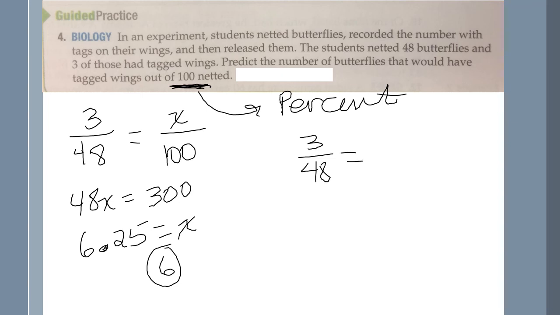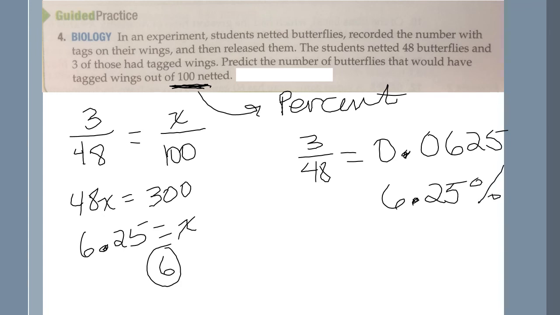If you take your calculator and go 3 divided by 48, you're going to see 0.0625. So that is 6.25%. So we want to round it down. So we would say 6% is 6 out of 100. So we'd still get the same answer.